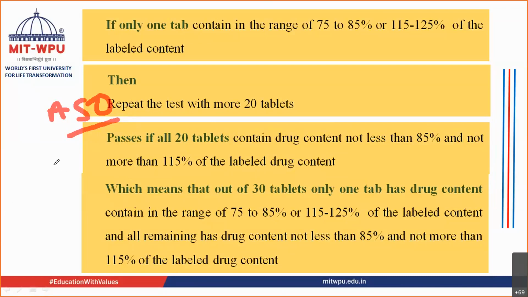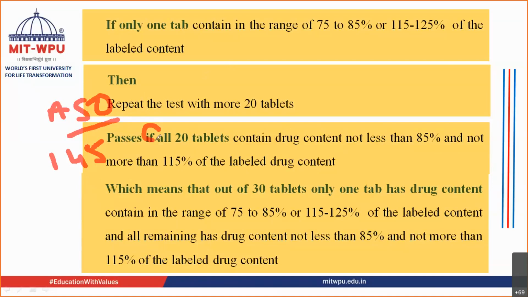Now I take one tablet, the first tablet, I do the assay and I find that the content of that tablet, the active ingredient present in that tablet, is 45 milligram, right? So can you tell me how much is the percentage of active ingredient?